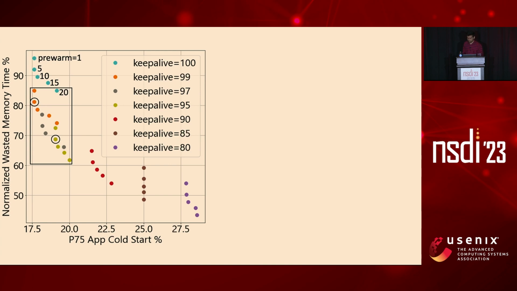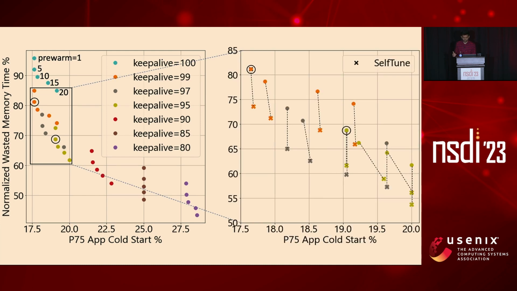The setup is we start off with finding a Pareto optimal boundary using grid search, and then we use these as starting points for SelfTune and see if SelfTune can further bring down this boundary. And so on the right side, I'm just expanding this section of the graph on the left.